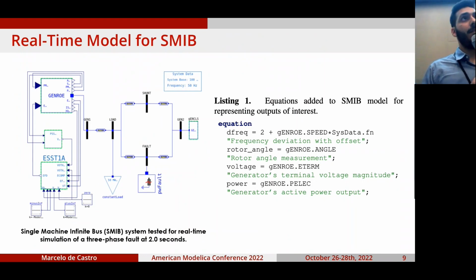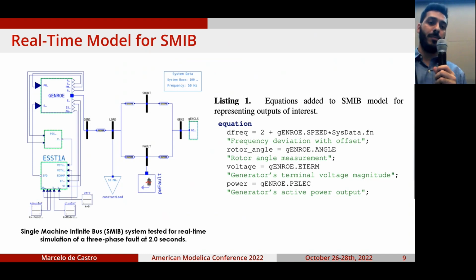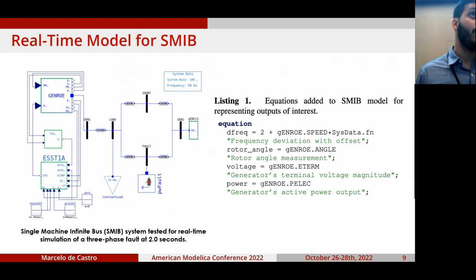On your left, you see a more detailed model of a machine. So you have an electromechanical model of a machine with excitation controllers, also some stabilizers. We have one load, a fault that is applied in the bus called fault. And we have another machine on the right side of the system.